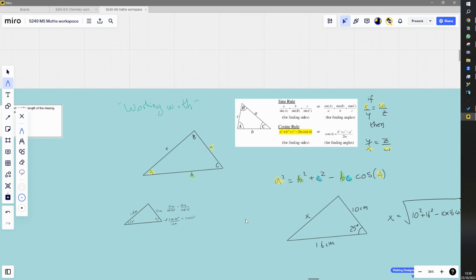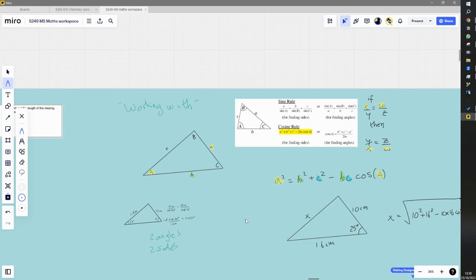Those are the things you're working with. So if we take our example down here, what are we working with? We're working with two angles and two sides. So in other words, I don't know this side and I don't need to know this side. I don't know this angle, I don't need to know this angle.